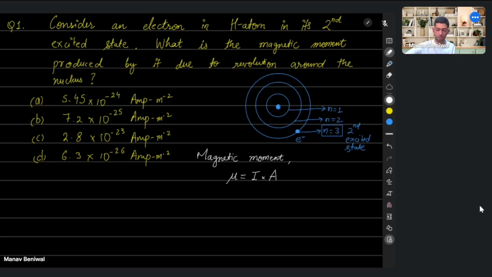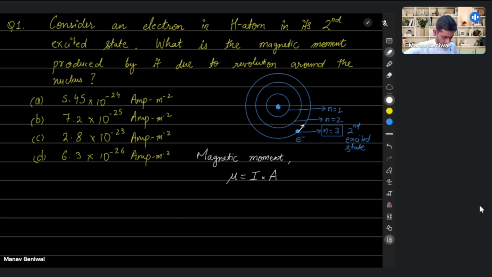Now because this electron is revolving around the nucleus, it will produce some current because it has some charge already, right?